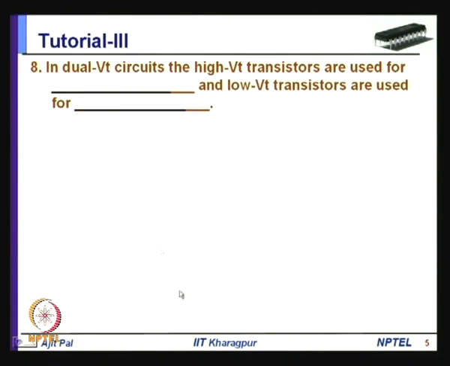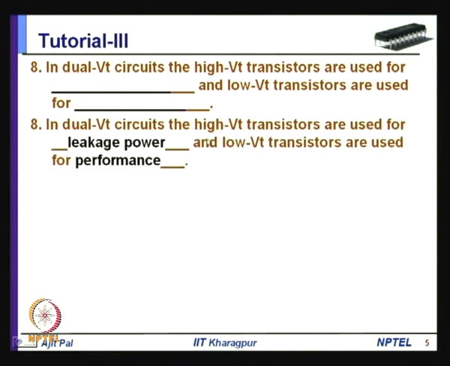Okay. So, coming to question number 8, in dual FET circuits, the high FET transistors are used for dash and low FET transistors are used for dash. As I have already discussed about DT CMOS, in dual FET circuits, high FET transistors are used for leakage power.